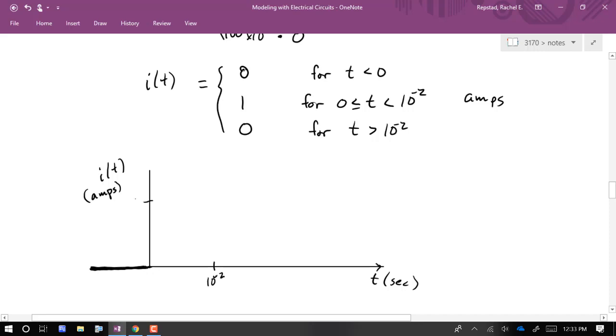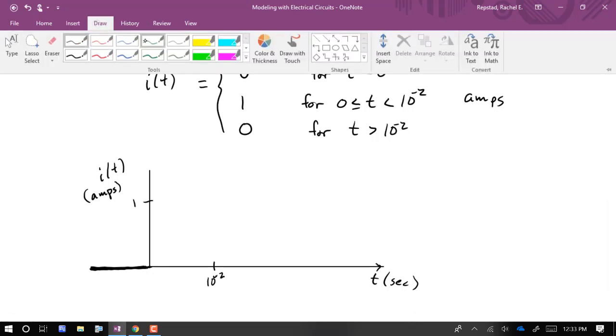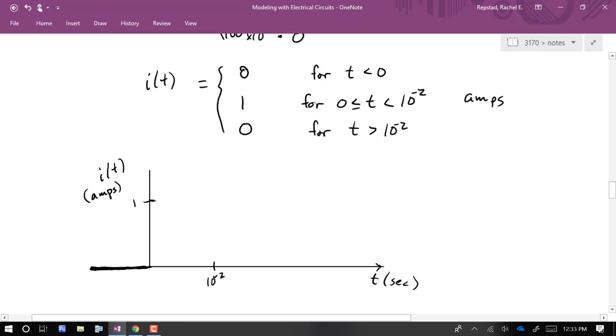Between 0 and 10 to the negative 2, our current is 1, and then it drops down to 0 again.